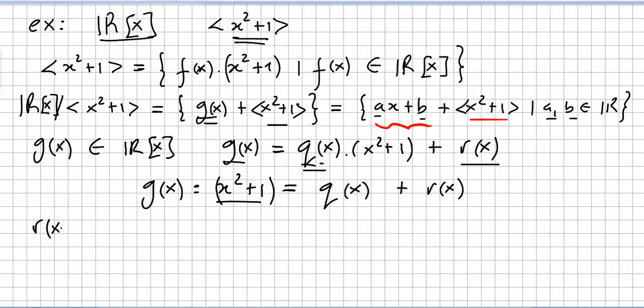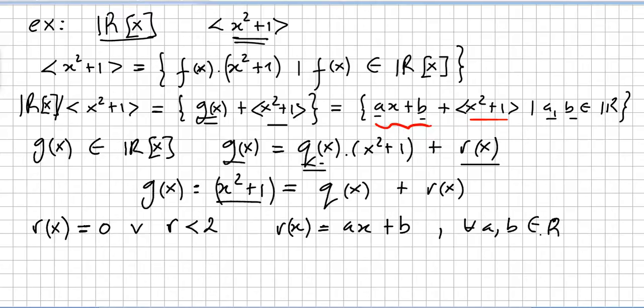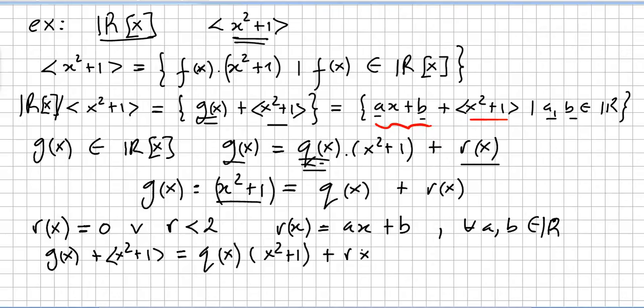In particular, if the remainder is 0, or if the remainder has degree less than 2, meaning r of x is ax plus b for some a and b in the reals, we will have g of x plus the ideal equals q of x times x squared plus 1, plus the remainder, plus the ideal.